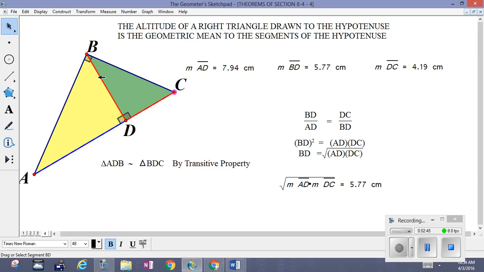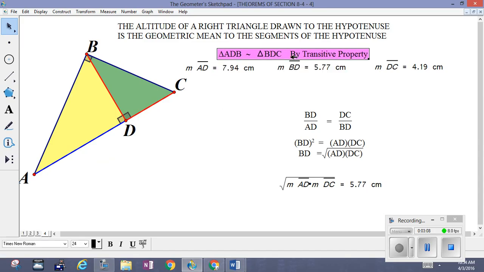The altitude BD is the geometric mean, which means it appears in the numerator and denominator of this proportion, with the two segments of the hypotenuse that it formed. So BD is to AD as DC is to BD, and so we had that going up here.